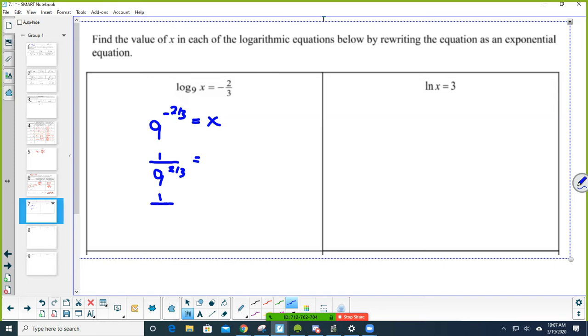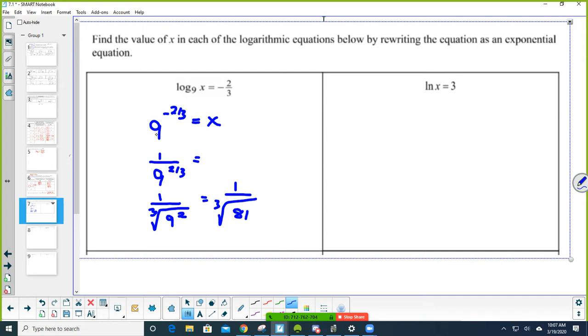And then 9 squared, the numerator stays with it. The denominator goes out there, that's like the root. And we end up with 1 over the cube root of 81. So if it wanted it totally in radical form, if I put this in the calculator or that in the calculator and I hit enter, I would get the same answer for both of them.